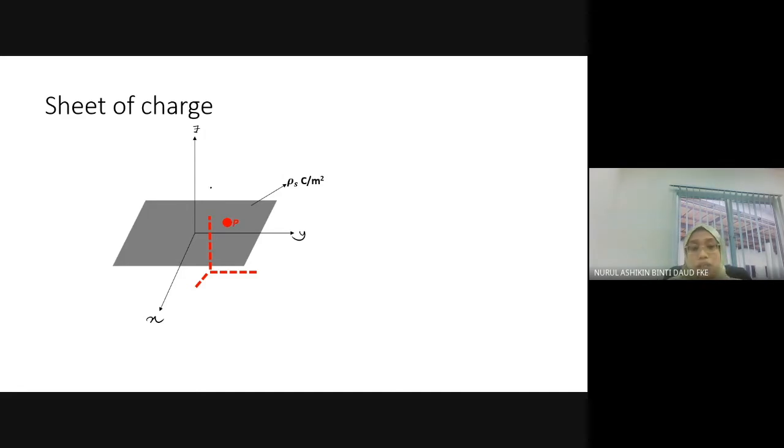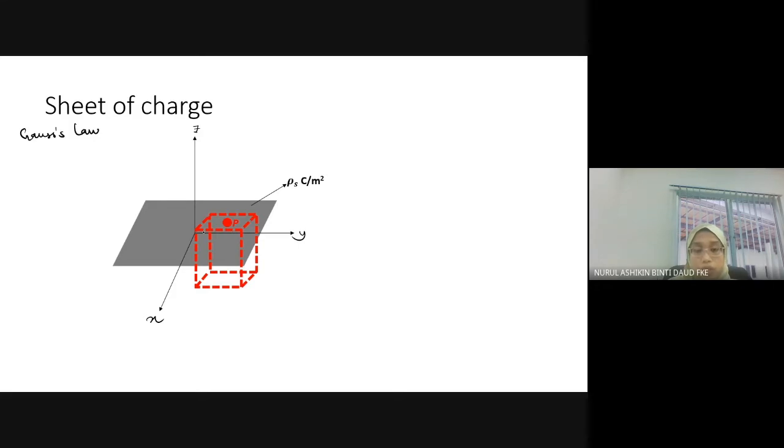Alright, so in order for us to use Gauss law, we need to draw or have a Gaussian profile. The best Gaussian profile shape for this point P, based on this sheet of charge, will be a rectangular box, or a cube.